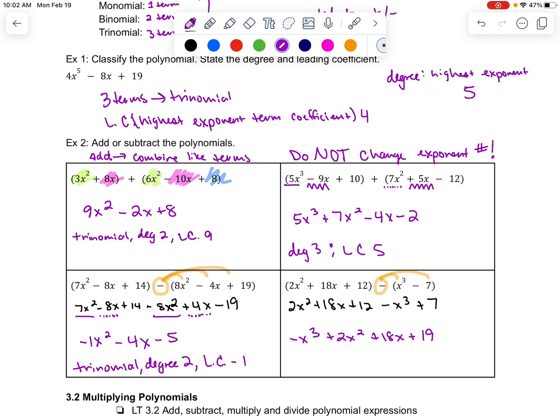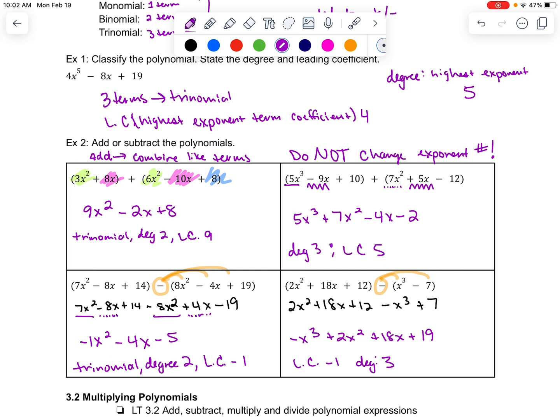We're still making sure that we have it in proper order, okay? So my leading coefficient is negative 1, my degree is 3. And I don't have a fancy terminology for 4 terms. But make sure the negative you transfer to every single component.